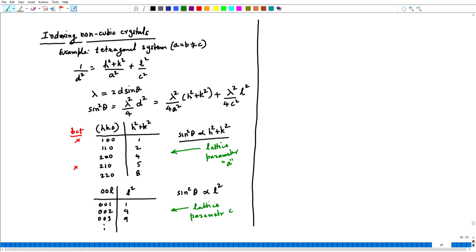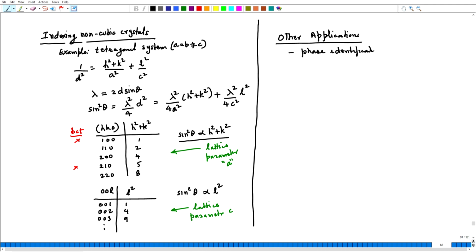And finally, before I conclude this lecture, what are the other applications? What we have seen here is determination of crystal structures, determination of lattice parameters, determination of crystal orientation and so on, but there are other important applications like phase identification.